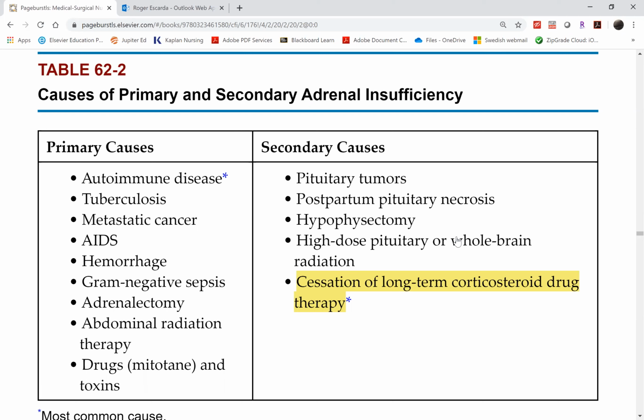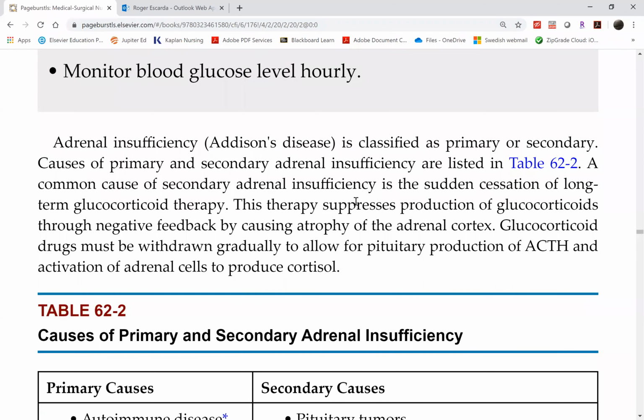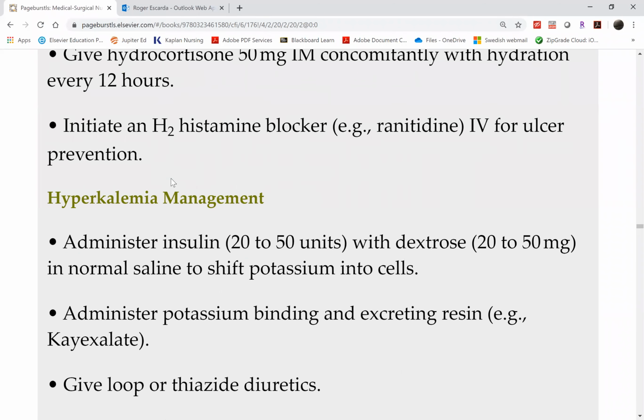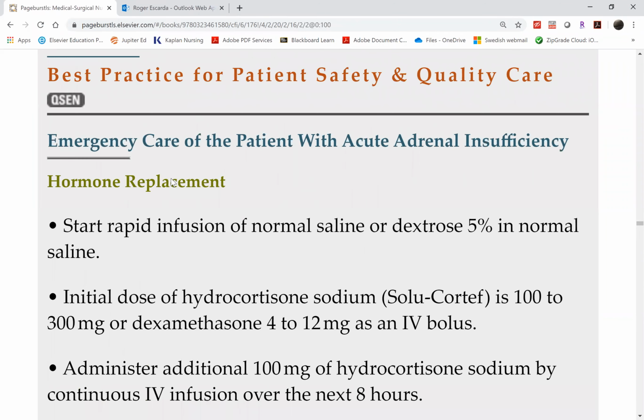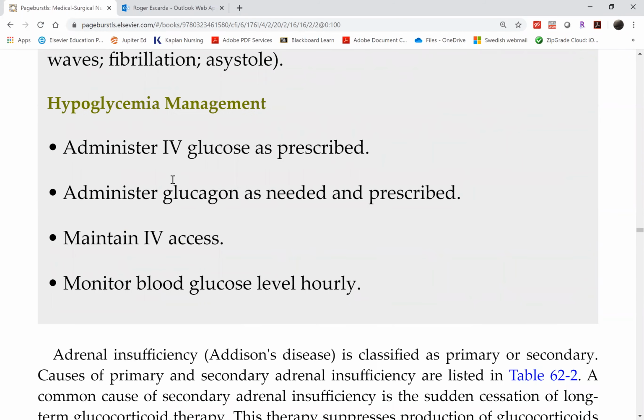Not really. Look at this. What will it cause if you stop steroid? Adrenal insufficiency. Okay, it can actually trigger an adrenal crisis. This will occur. So that's the rationale why we don't stop steroids right away.